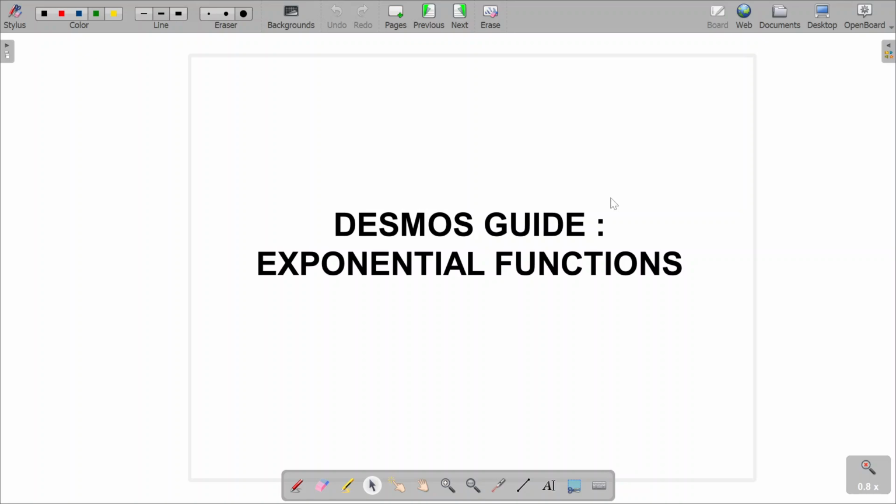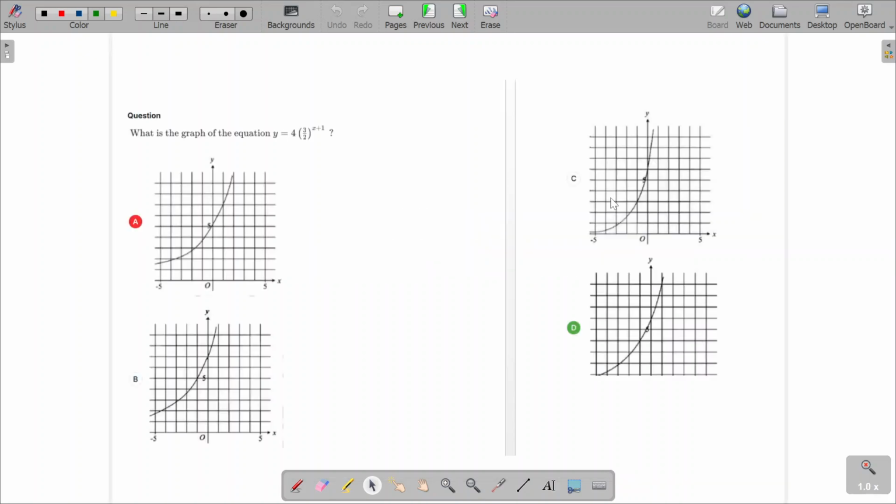And how you have to use Desmos, you will be able to recall if you watch these videos 2 to 3 times and do hands-on practice. I can assure you, no one can stop you from doing these similar types of questions on Desmos, and you'll be a master in Desmos. So let's get started, and this is the first question from exponential functions.